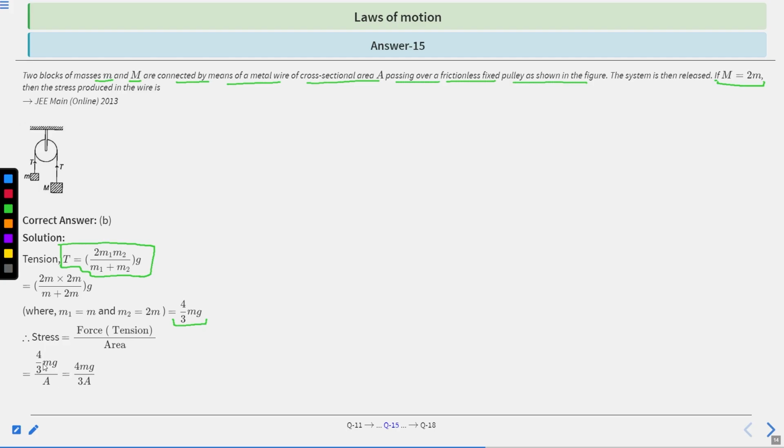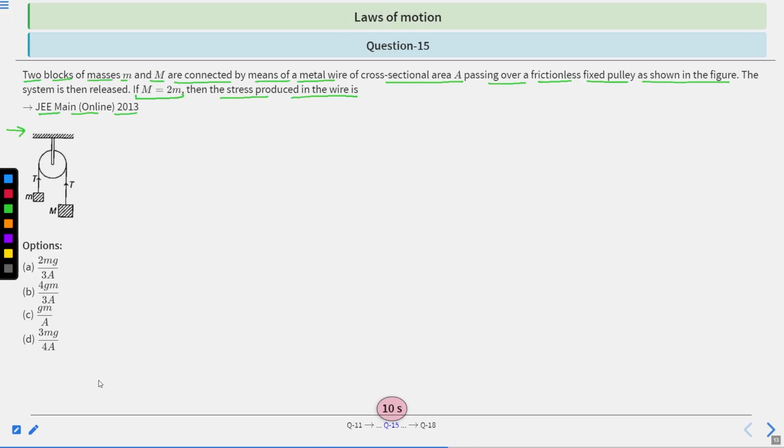Solving this, we get 4mg upon 3A. So stress is this, and the question asked about the stress. Clear? 4mg divided by 3A. So the correct answer is B, 4mg divided by 3A. Clear? Next question.